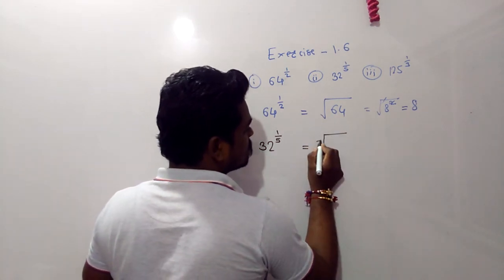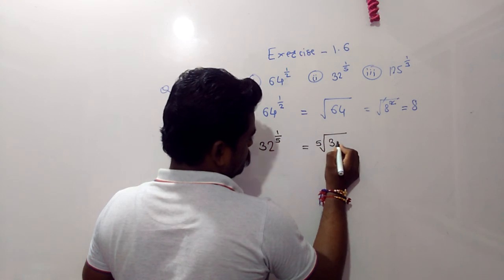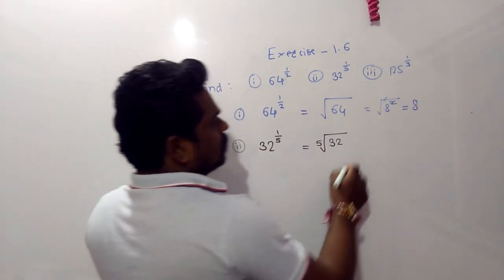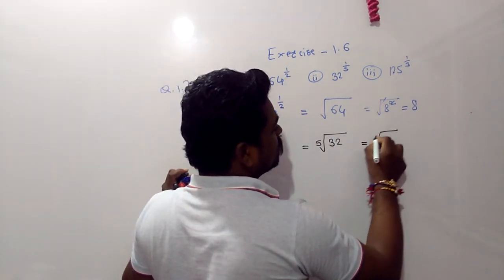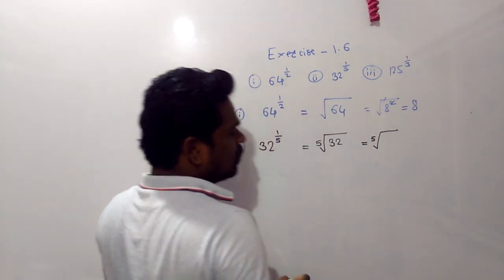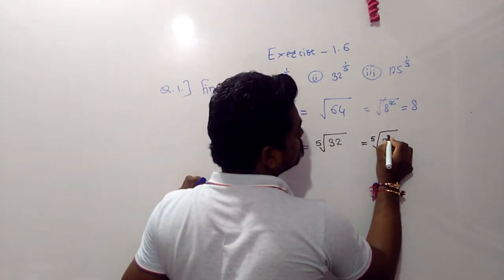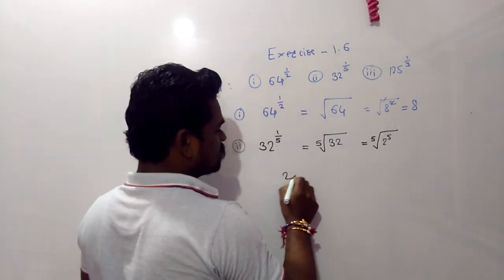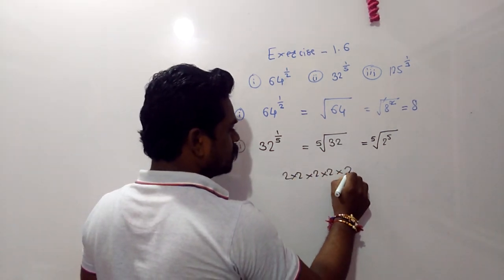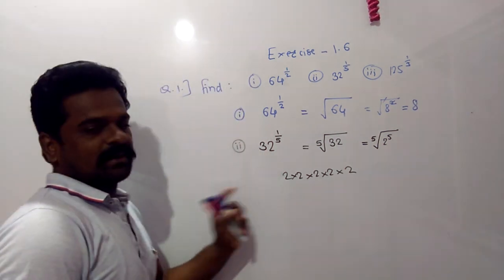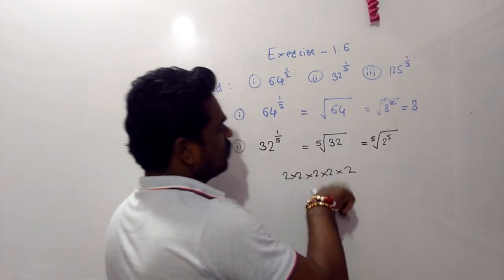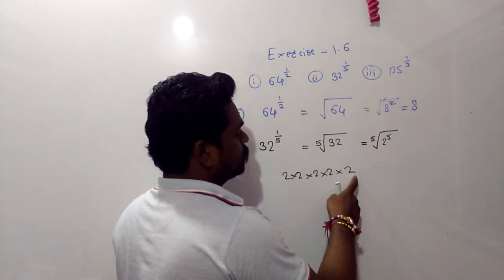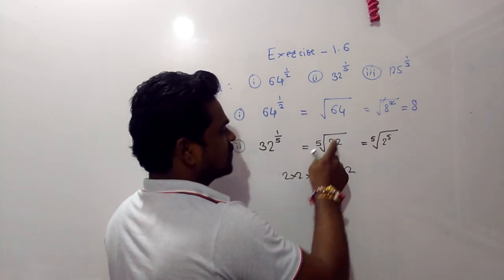We can write it as the fifth root of 32. So the fifth root of 32 is equal to, you can mention 2 raised to 5. 2 raised to 5 means 2 into 2 into 2 into 2 into 2, multiplication of 2 five times: 1, 2, 3, 4, 5. That is nothing but 2 raised to 5, and its answer is 32.